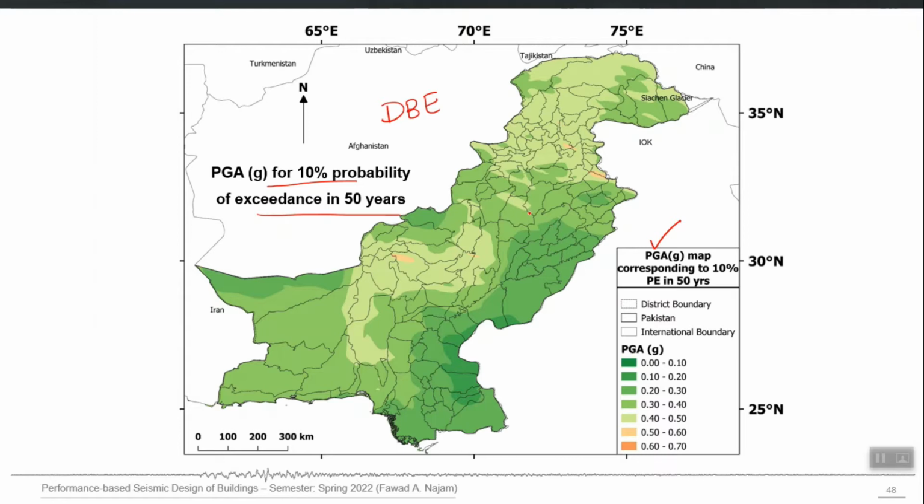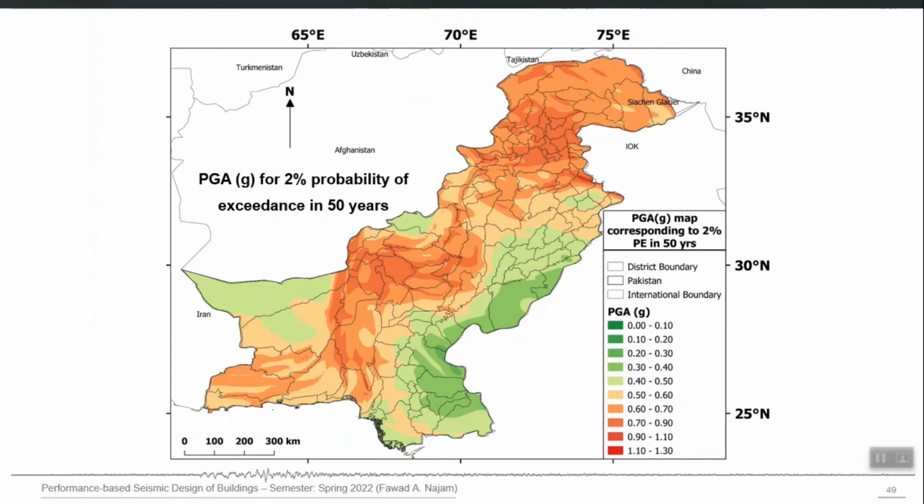Obviously this is the final output of that detailed PSHA process which was done before. This is for the MCE level, 2% probability of exceedance in 50 years. Obviously the numbers will be higher, and these are PGA values, and you can see that the pattern of hazard is somehow matching the seismotectonic setting and also the historical seismicity, because the historical earthquake data, as I will show later, becomes the basis for future prediction or forecast.